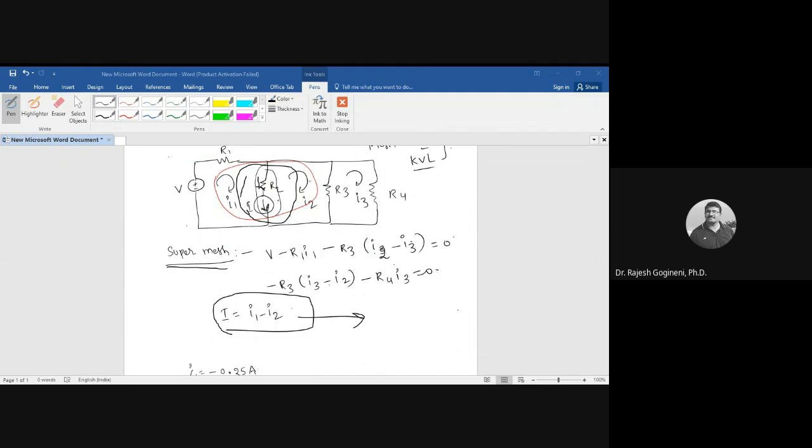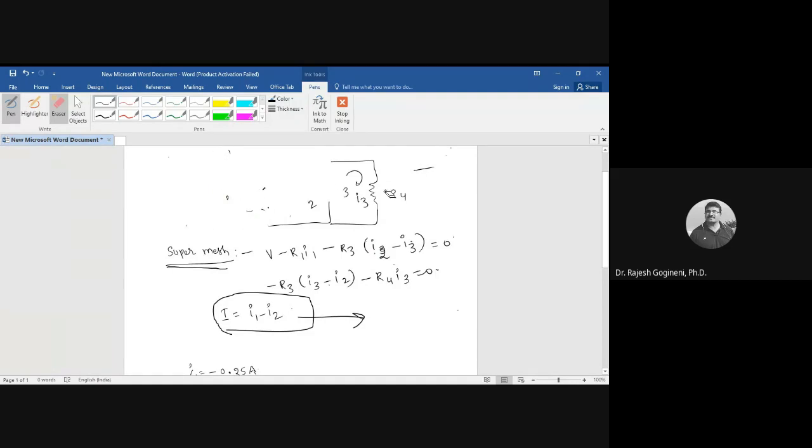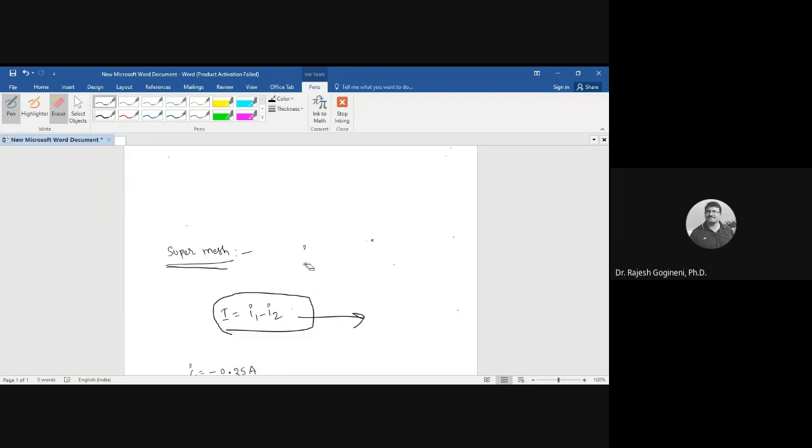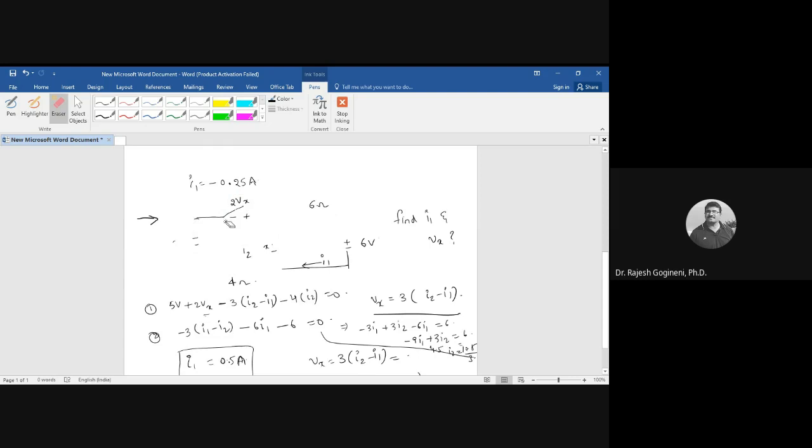Super mesh: if any of the branches in the network contains a current source, then the super mesh technique is used.